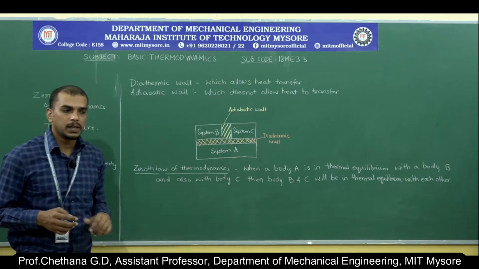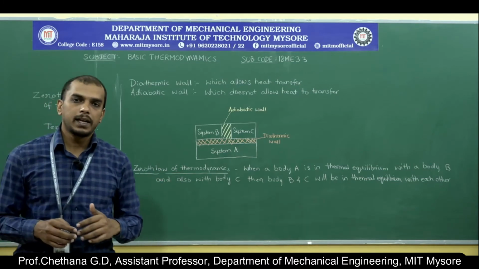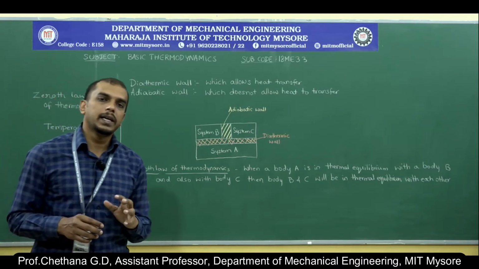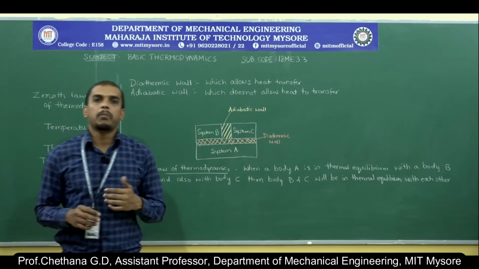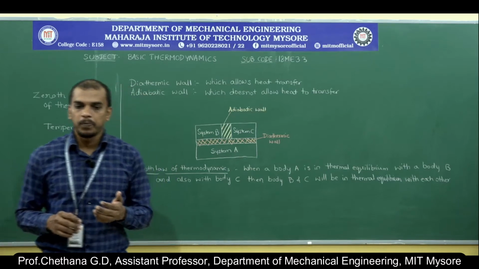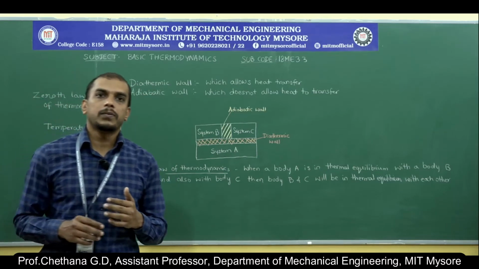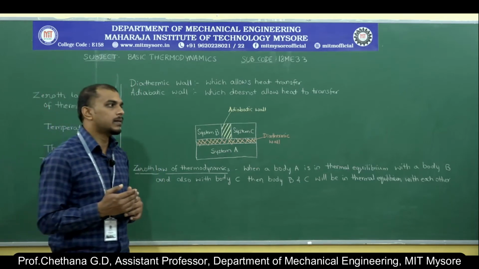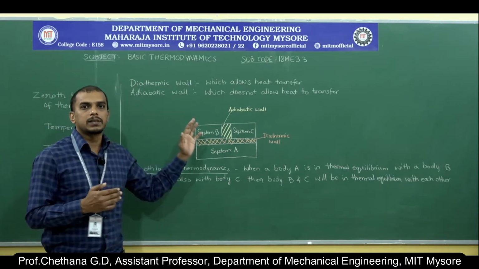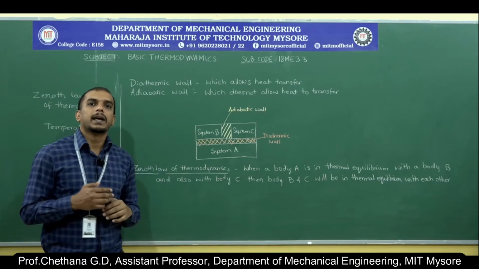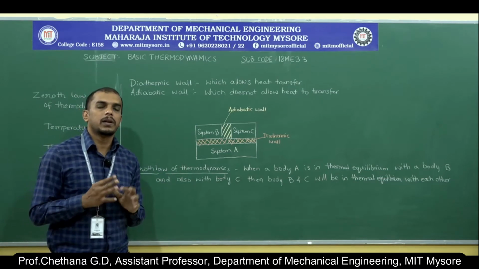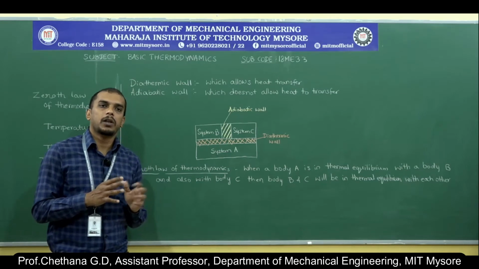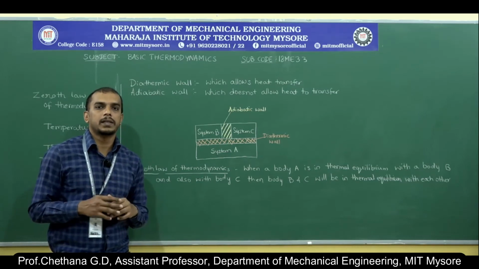So, what is temperature? On a microscopic scale, you can define temperature as the average kinetic energy of molecules. But we said that at the initial stage we will study this as classical thermodynamics, where we will not bother about events occurring at the molecular level. So, we will have to find the other definition.